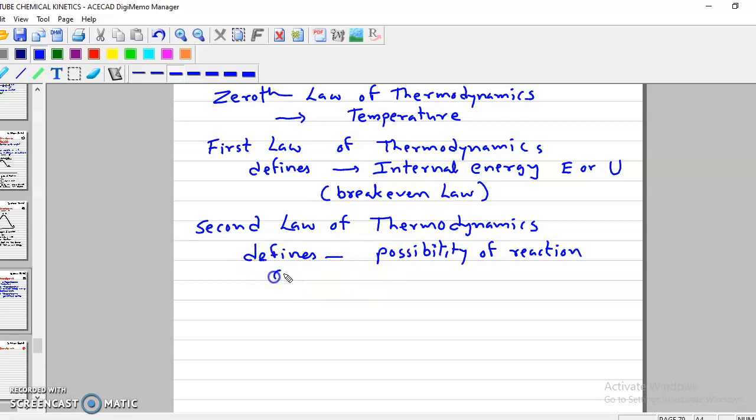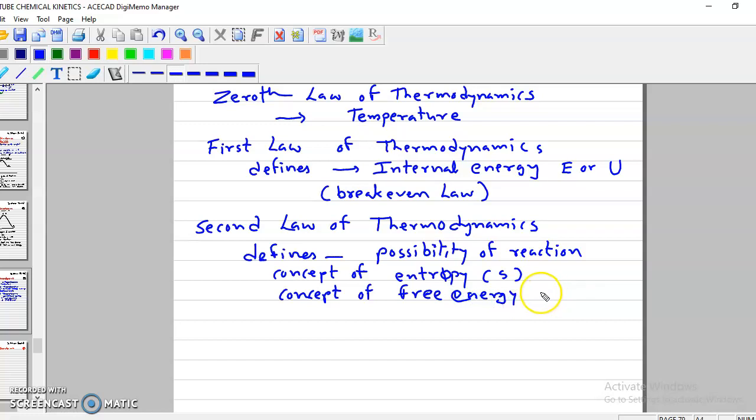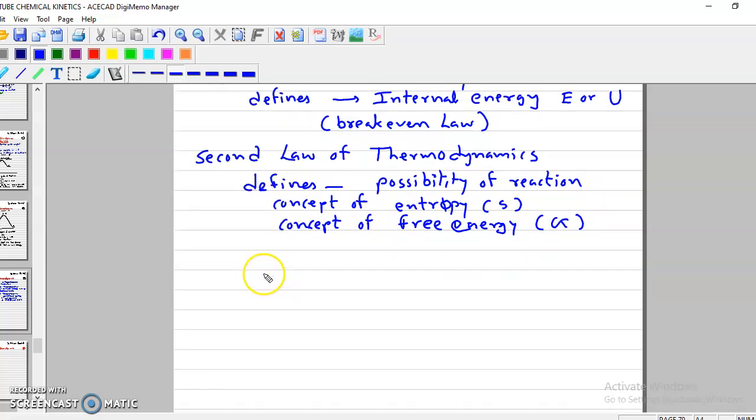It also gives the concept of entropy. The symbol of entropy is capital S, as well as the concept of free energy. Free energy was defined by Gibbs, so it is given capital G. So these two main important aspects are obtained from the second law of thermodynamics.